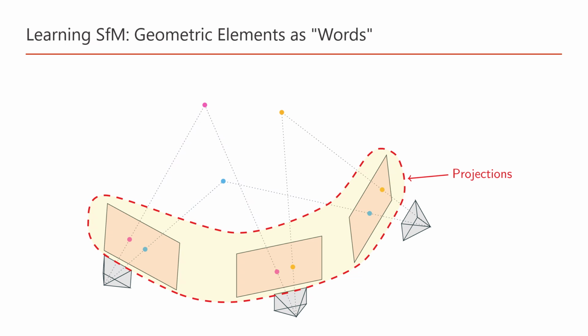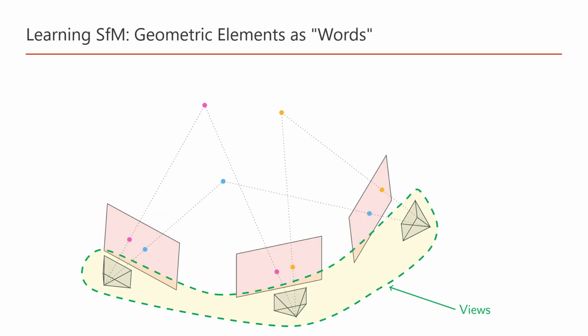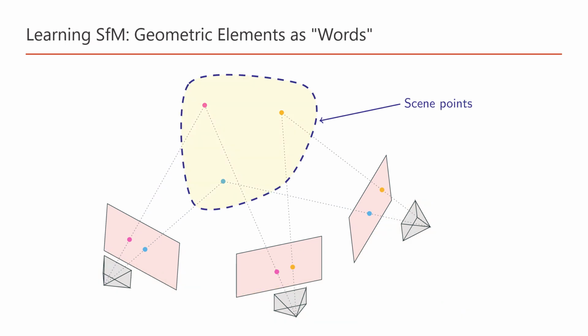So first we have the projections, and this will be the input to the model, since this is the thing that we know from the start. So we have a bunch of 2D points, and each 2D point will be regarded as one word, essentially. And what we want to produce, that is the 3 cameras in this example, and the 3 scene points, the 3D points. And all of these will be considered as words.